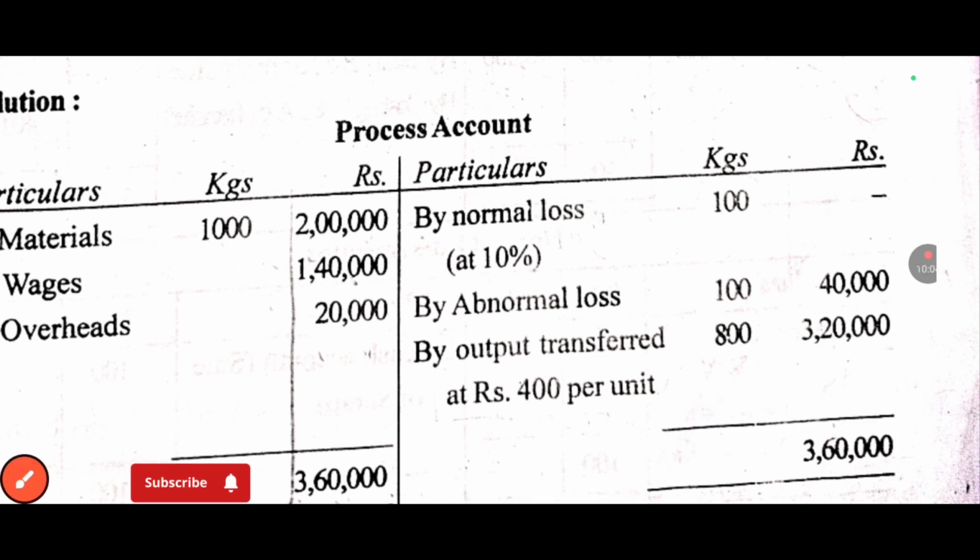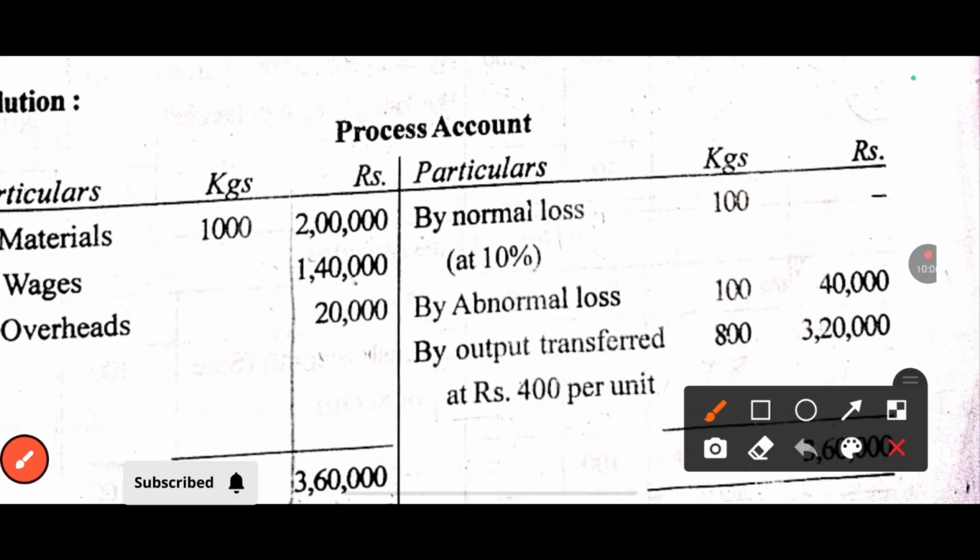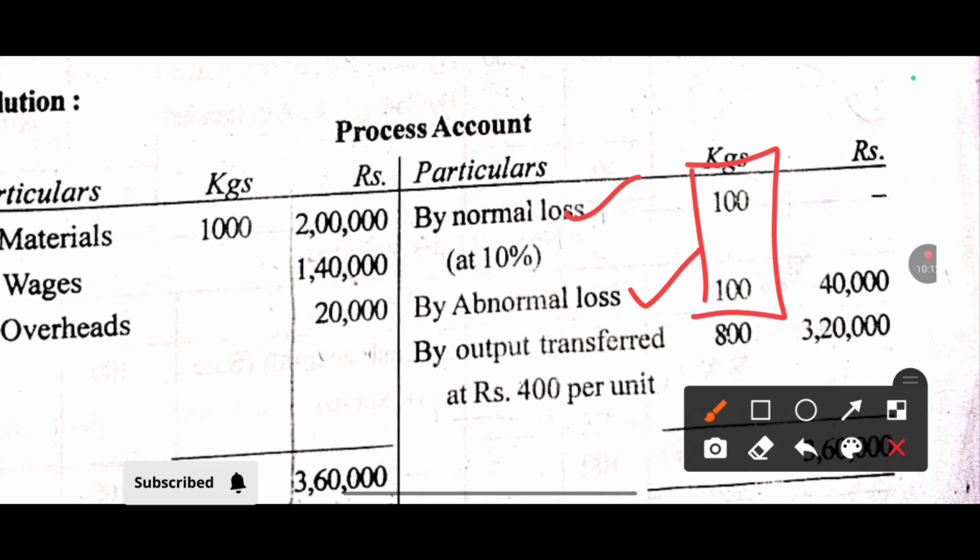Whenever you prepare the separate account for normal loss and abnormal loss, when it appears on creditor side of the process account, it will appear on the opposite side, that is debtor side of the normal loss account and abnormal loss account.